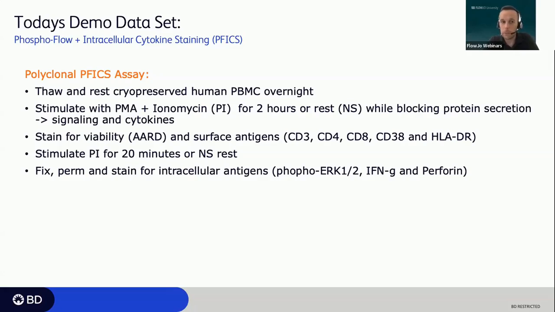And we stained for viability dye, and surface antigens CD3, CD4, CD8, CD38, and HLA-DR. Then we re-stimulated those cells with PMA ionomycin for 20 minutes, or we didn't, and we fixed, permeabilized, and stained for intracellular antigens, which are phospho-ERK1 and 2, interferon gamma, and perforin.